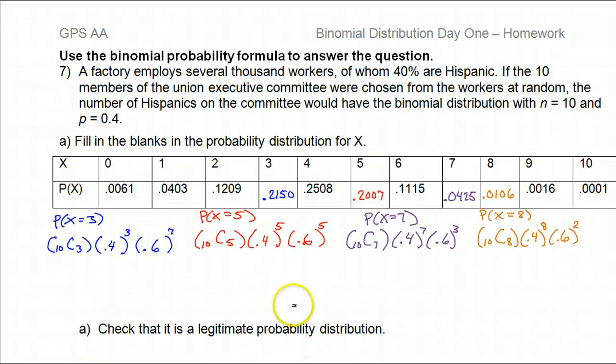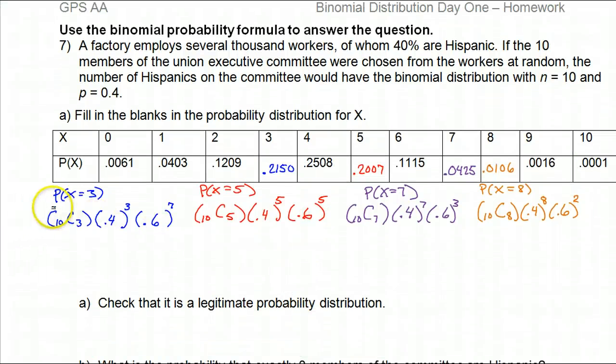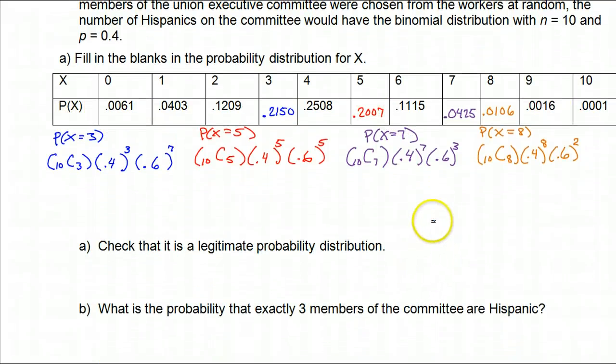Questions like this are another argument for doing these calculations in your calculator, because if you do, a few button presses and it adds up all these numbers for you. Okay, I'm assuming it's legitimate. Let's pretend I added all these up and I got 1.